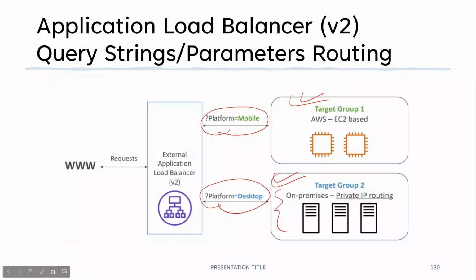Okay, so basically you have an on-premises system which consists of a couple of web servers. So you forward it there also. That is also possible. So the main point of this particular slide and this particular section is that you can create rules, and based on that rule you can forward the traffic to that particular target group. Okay, so that's what I meant.